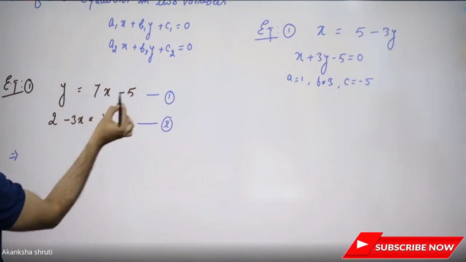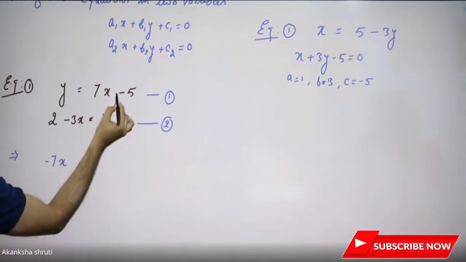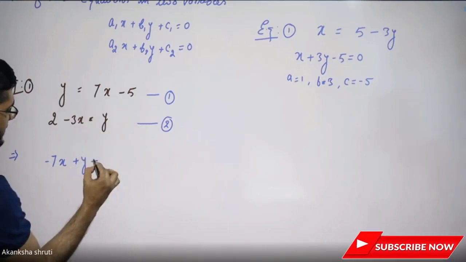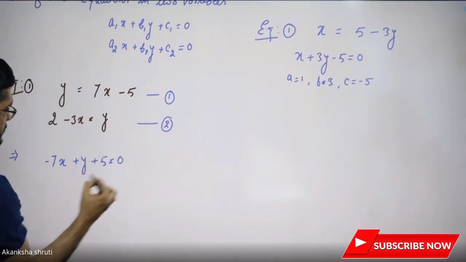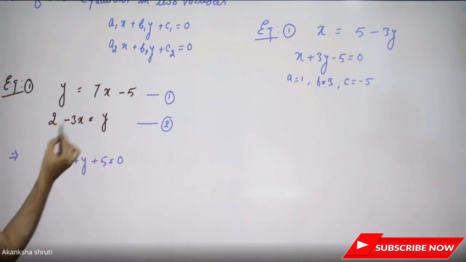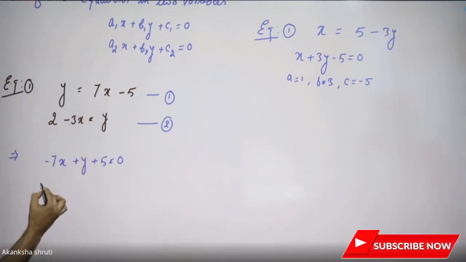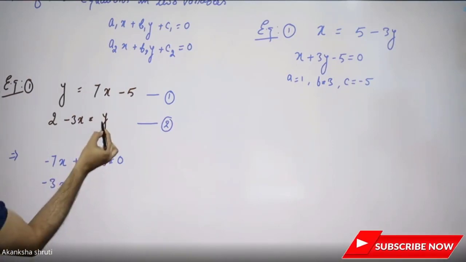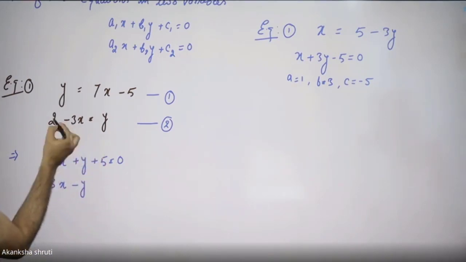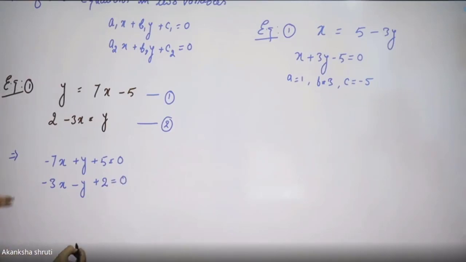For equation 1, bring this 7x to the left hand side, it becomes minus 7x. Then y, and bring this 5 to the left hand side, it will turn plus 5 is equal to 0. Also do the same thing for the second equation. The way of writing is, first we need to write the x term. So write this minus 3x first. Bring this y to the left hand side, it becomes minus y. And 2 is already there, which is plus 2 is equal to 0.